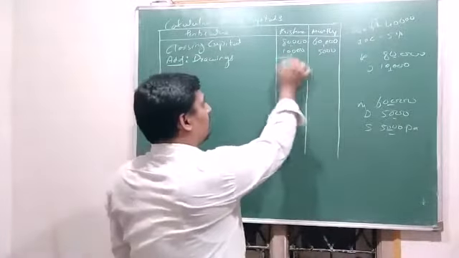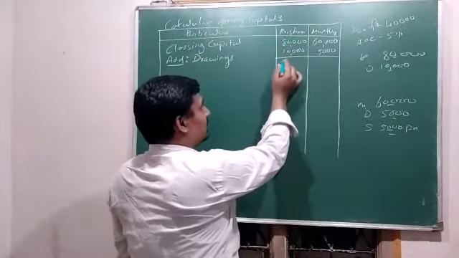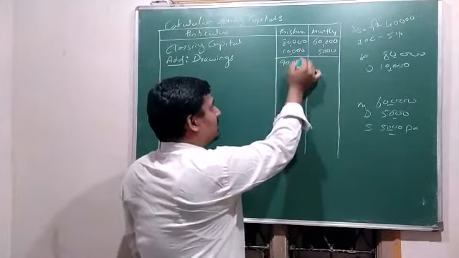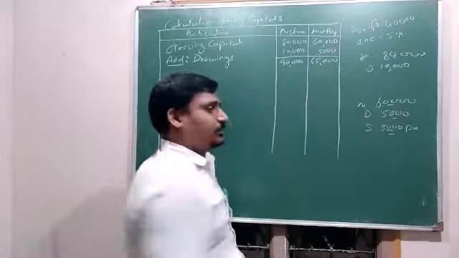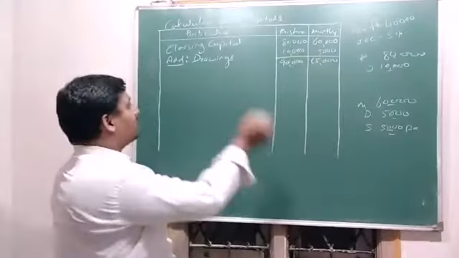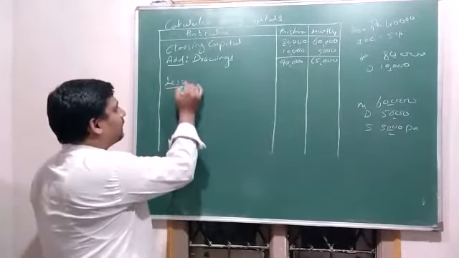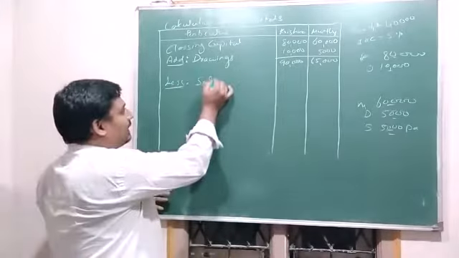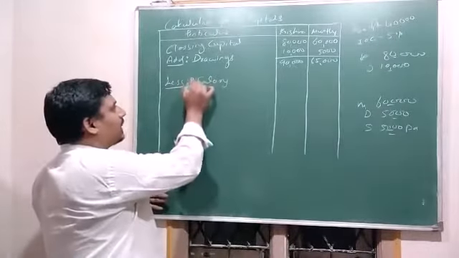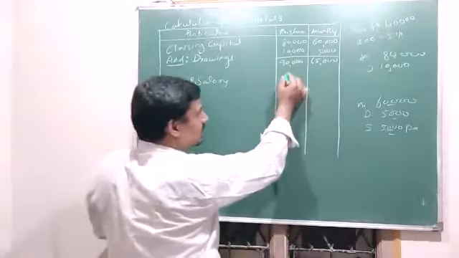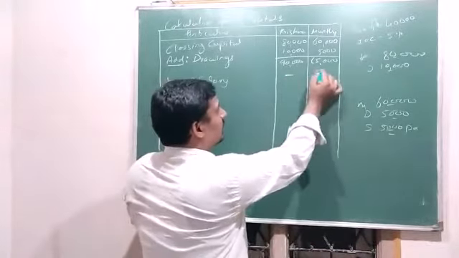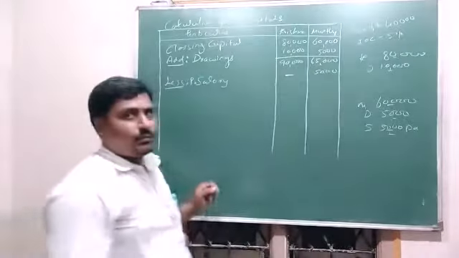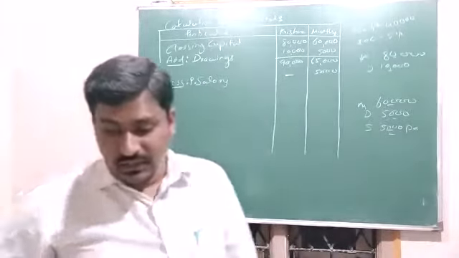First make the total of these two columns: 80,000 plus 10,000 is 90,000, and 60,000 plus 5,000 is 65,000. Now deduct, less: first salary. Krishna has no salary, and for Murthy 5,000 rupees salary. Then profit is left.